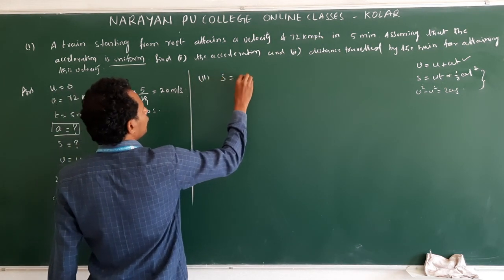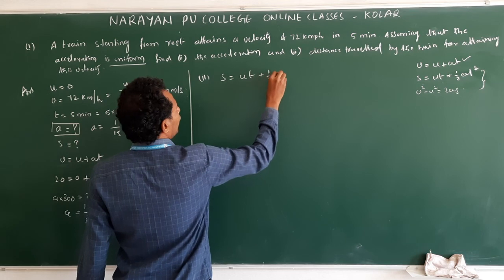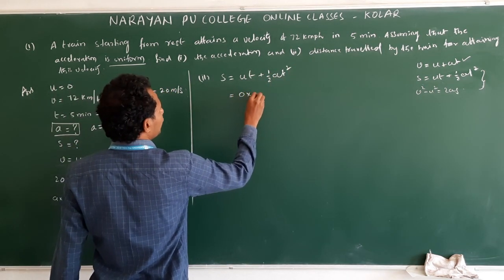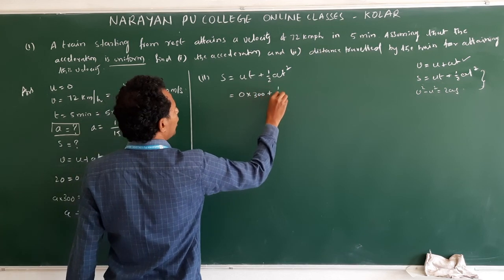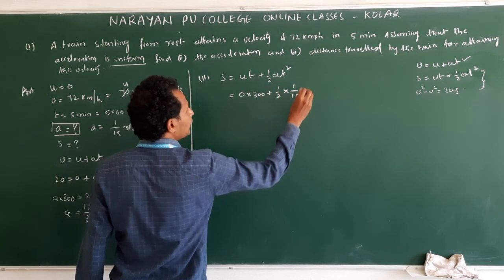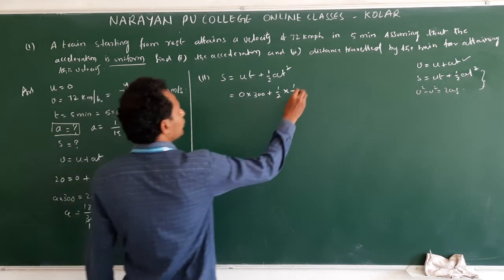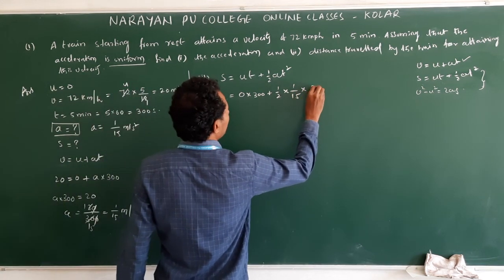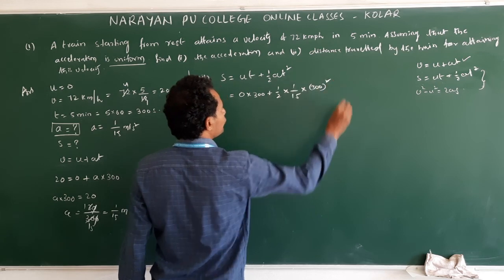First I am taking the second equation: s is equal to ut plus half at square. u value 0, t value is 300, plus half, a we already calculated 1 by 15, into t value 300 square.